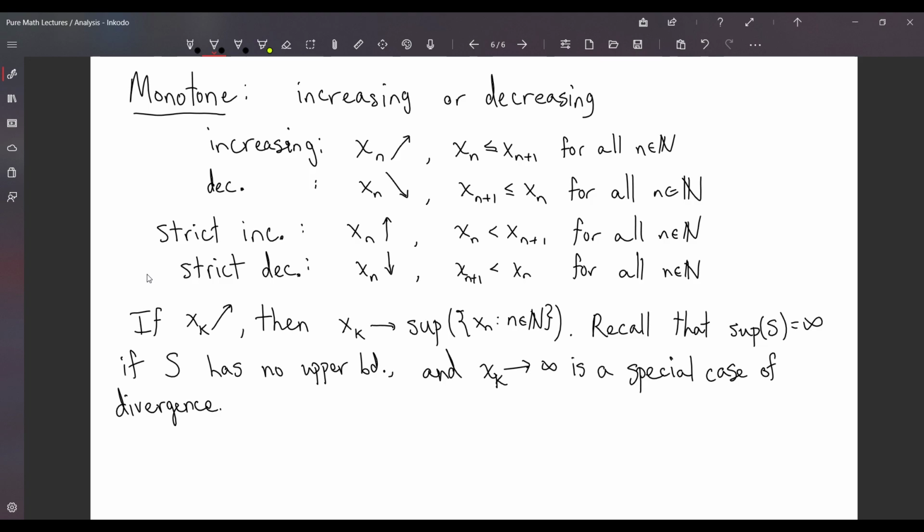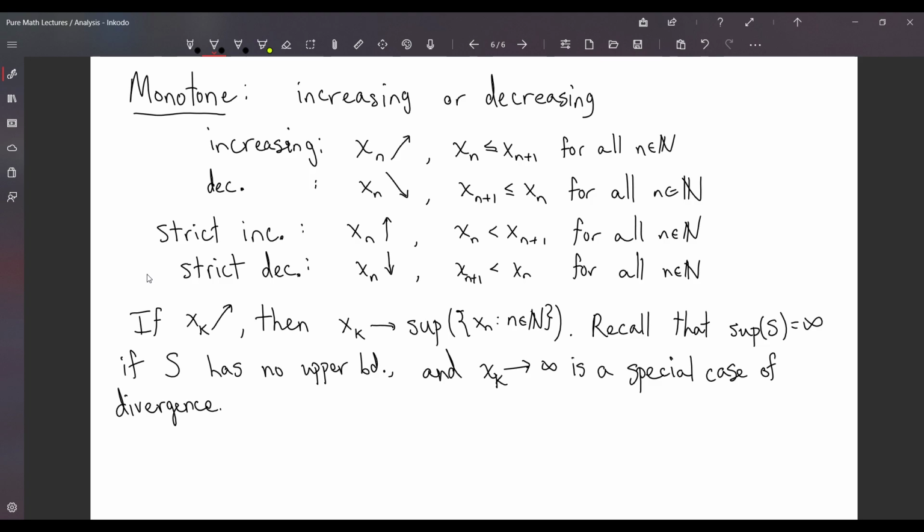In particular, it's divergence to infinity. And we defined what this notation means, right? This is just notation because infinity is not a real number. This is just notation saying that the x sub k are getting more and more positive, increasing without bound, right?